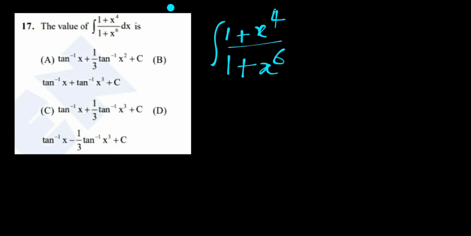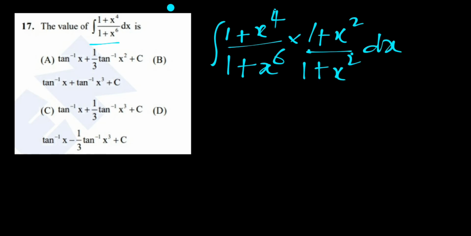Next problem number 17. It is from integrations. The value of integration of 1 plus x power 4 divided by 1 plus x power 6 dx. We can't find it directly, we don't have any direct formula, so we have to use the rationalization method here. Multiply and divide with 1 plus x square, dx we have to write.